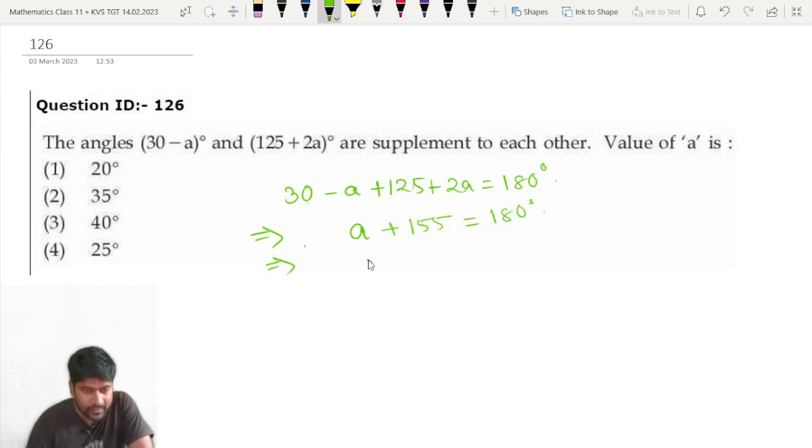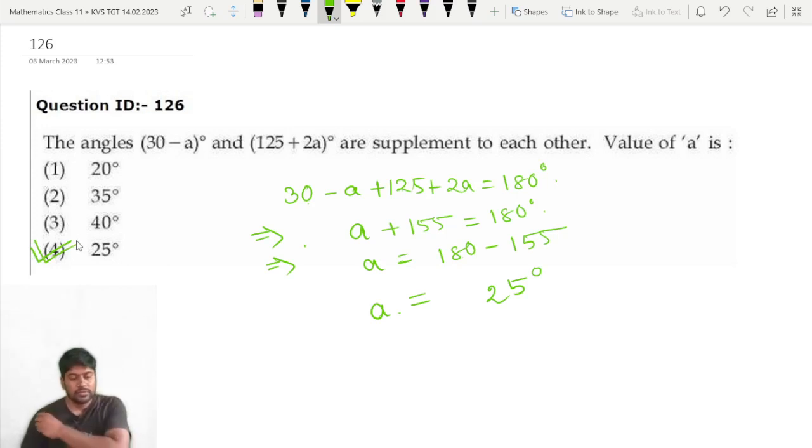So A is equal to what? 180 minus 155, that is equal to 25 degree. Okay, A is equal to 25 degree. So option 4 is the correct answer. So supplement means their sum is 180 degree and complement means their sum will be equal to 90 degree. Okay, that you have to remember.